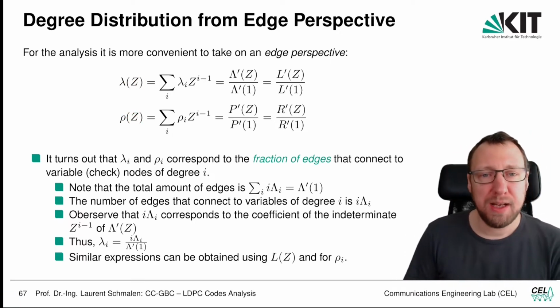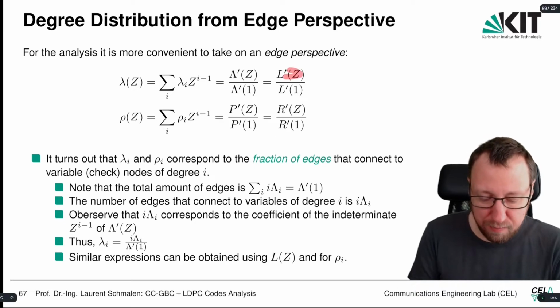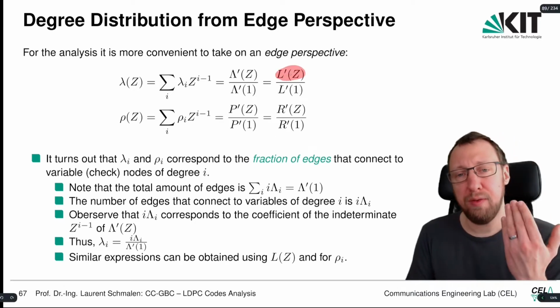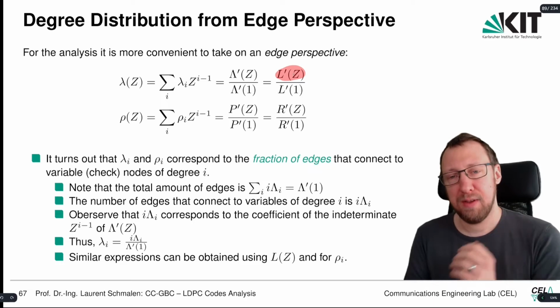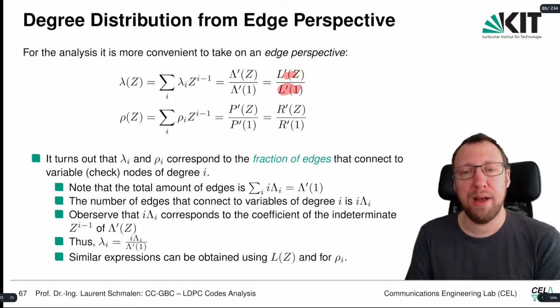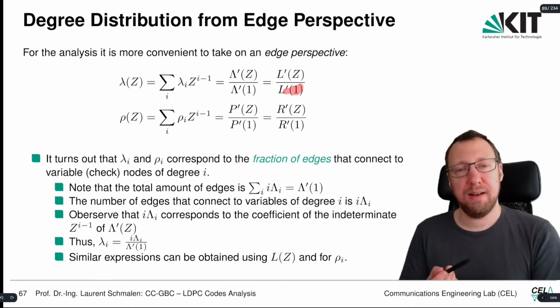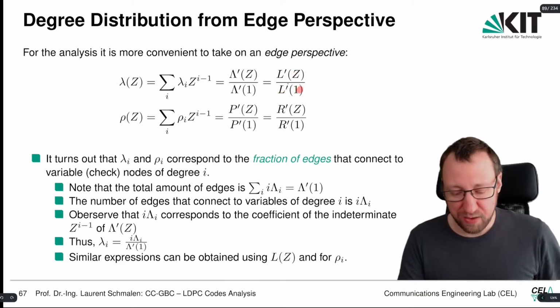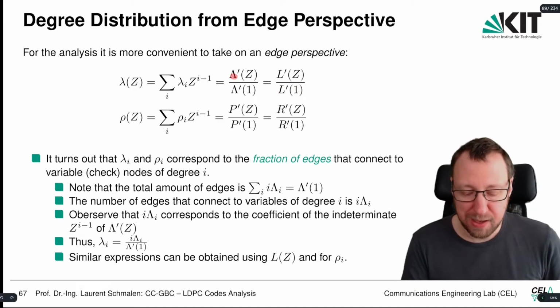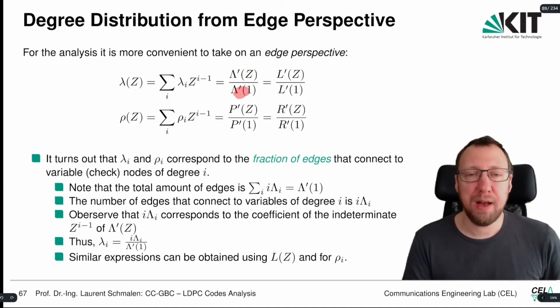Lambda of Z and rho of Z are essentially L prime of Z, the derivative of the polynomial L of Z, divided by the derivative evaluated at Z equals 1. Because of the normalization factors canceling out, this is the same as lambda prime of Z divided by lambda prime of 1.